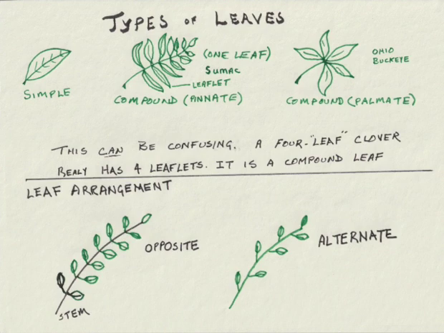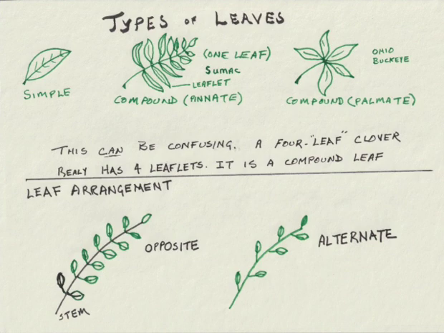The second type of leaf is a compound leaf, and like the sumac in the image in the video, it's one leaf. That is not just many leaves, it's actually just one leaf with small leaflets. And when you look at a compound leaf like that, it's called pinnately compound.